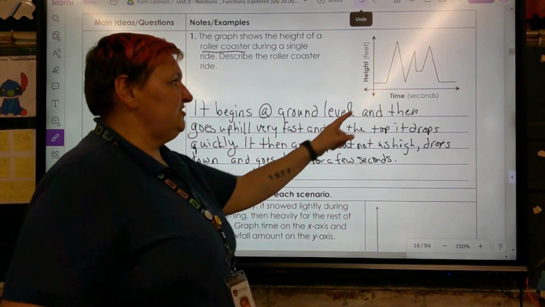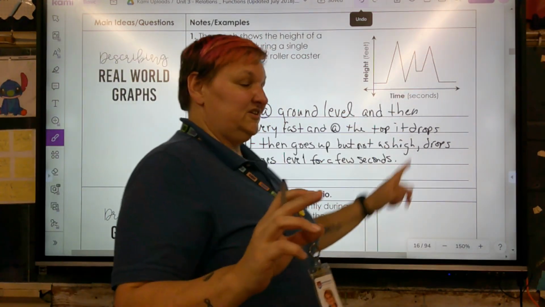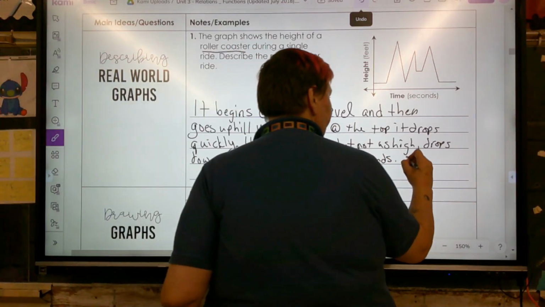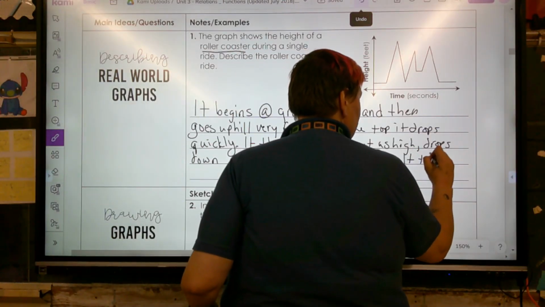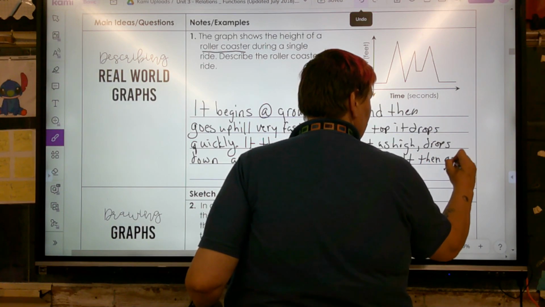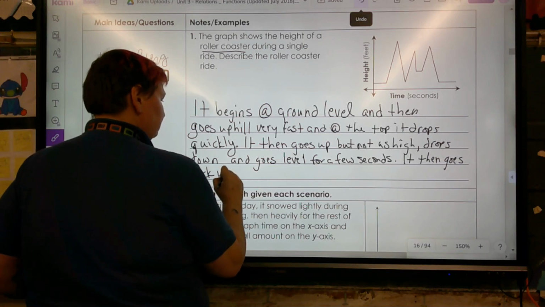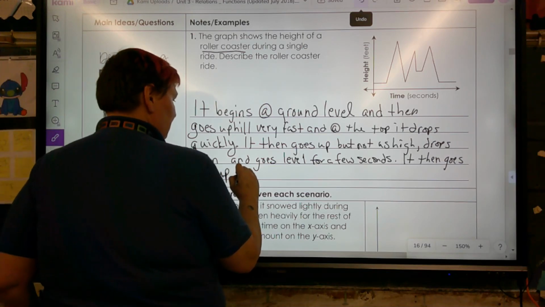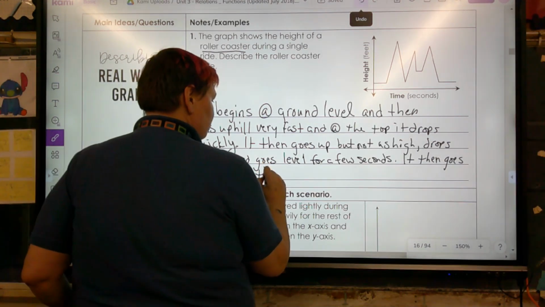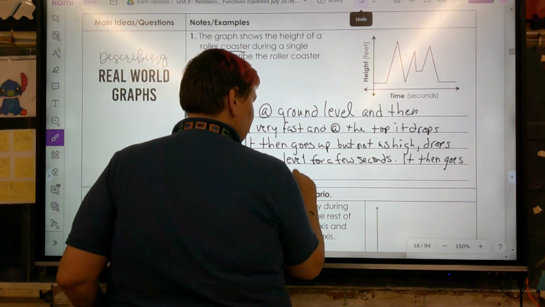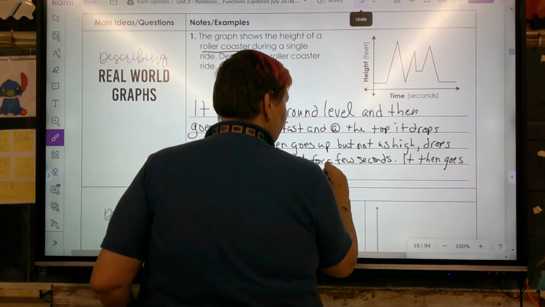And then how does it finish? It goes back up, still not as high as the first one. It then goes back up and then drops and levels out for the end.